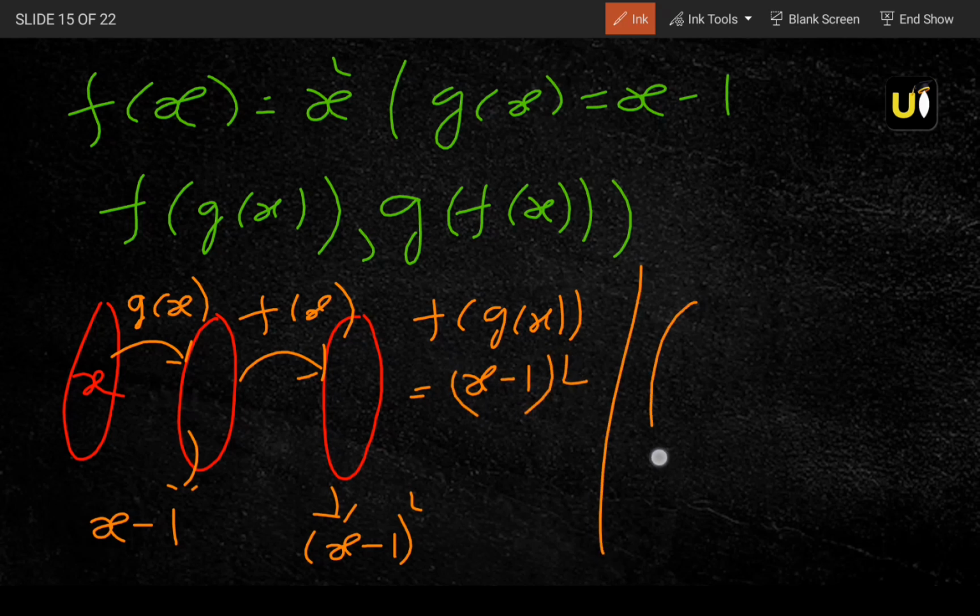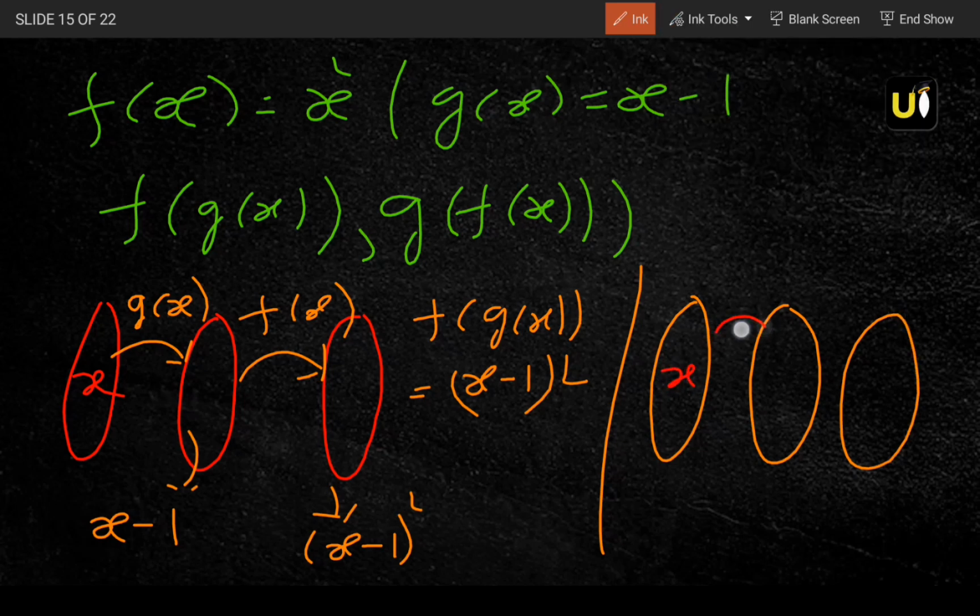Similarly, if we try for g of f of x, this is x. On applying the function f of x, we get x square. Now on applying g of x function for this x square, that means we are substituting x square in place of x. So we get x square minus 1.